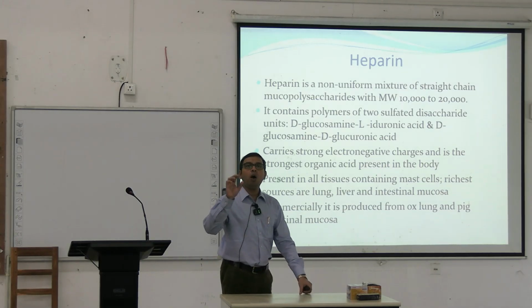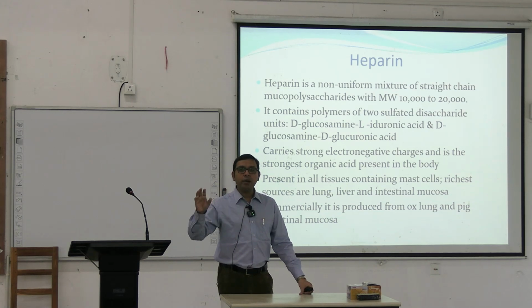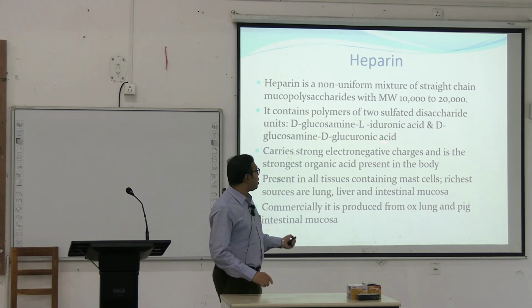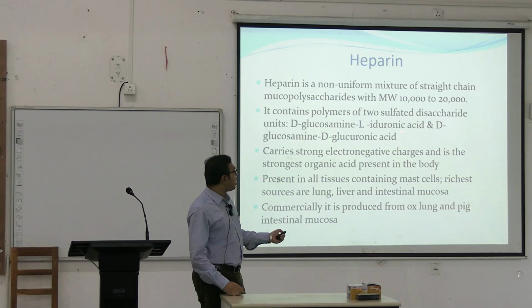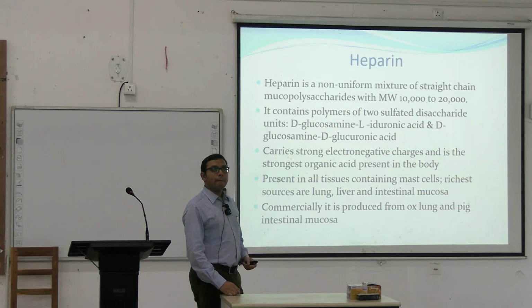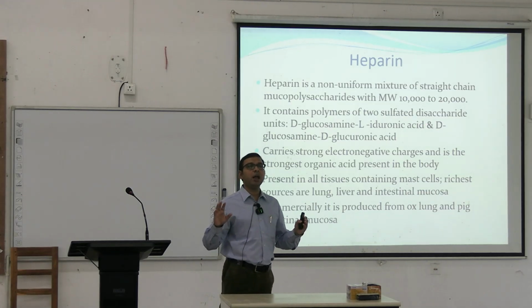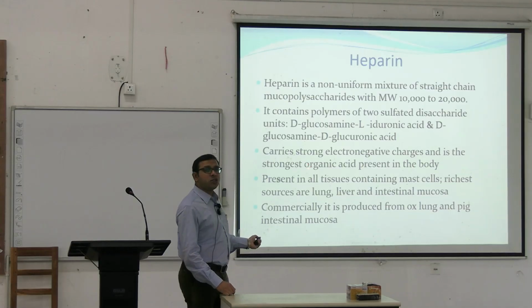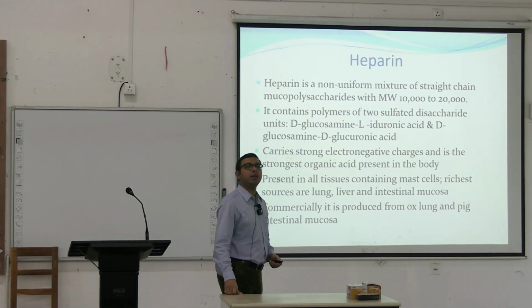So it is a mucopolysaccharide that contains these two units, and they are very large heterogeneous molecules. They carry strong electronegative charges and it is the strongest organic acid present in the body.